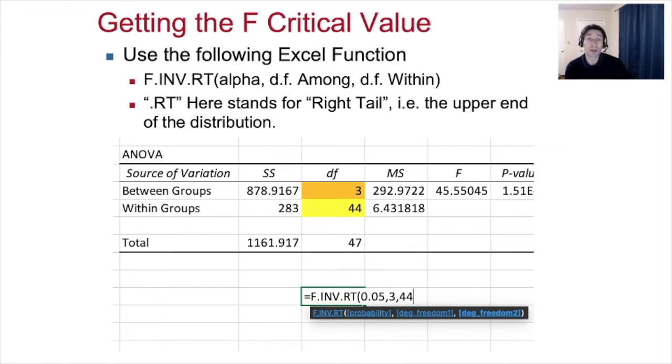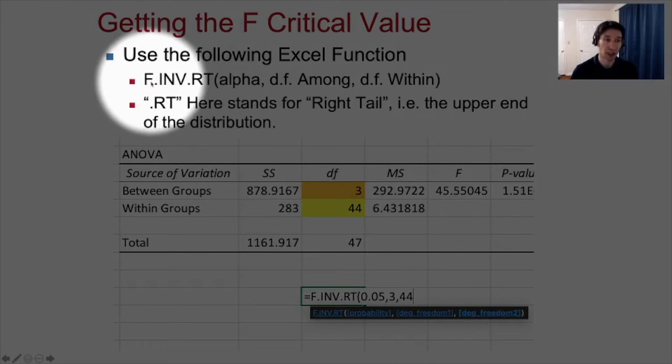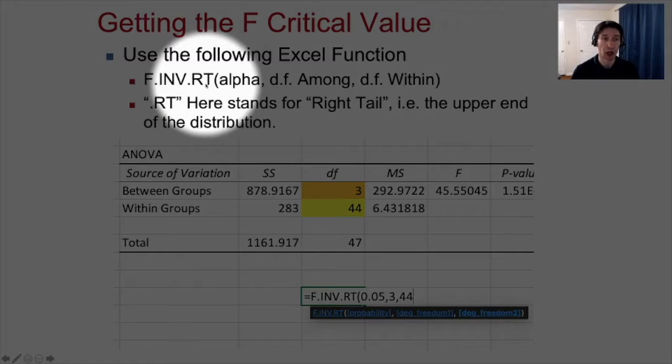Now, just like in the previous chapters, when you need to compute a critical value, you can either do it from the tables, like the normal z tables or the t distribution tables. Now we have the f distribution tables. Or you can get the critical value straight from Excel by computing it with a function such as f.inv.rt.